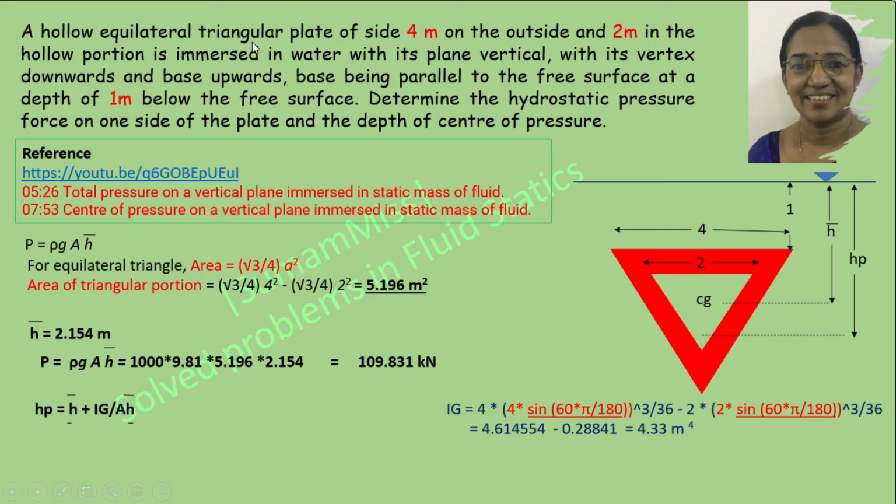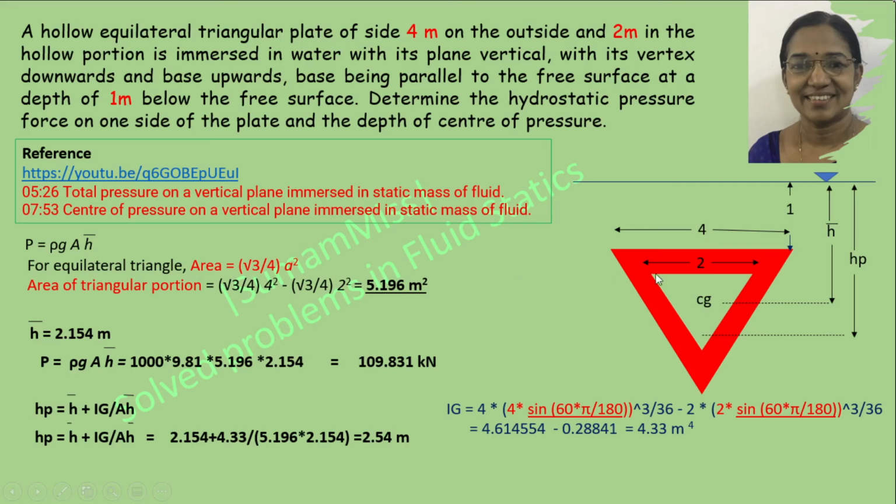Since it is a hollow equilateral triangular plate, Ig equal to moment of inertia of this outer triangle minus moment of inertia of this inner triangle. That is 4 into h cube by 36 minus 2 into h cube by 36. The values in red color represents the altitude of this outer triangle, whereas this represents the altitude of this inner triangle. So if you are substituting, then HP equal to 2.54 meter.